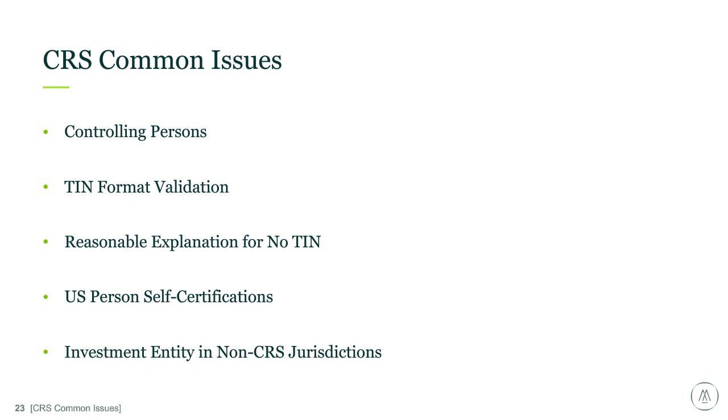They said a controlling person, first of all, should always be a natural person. And if you're a trust and your trustee is a bank, a lot of times the bank says, well, there's no one person at the bank that controls that specific trust. So we run into that a lot with some of our investment accounts that are trusts. But generally, it should be a natural person that has a controlling ownership interest.